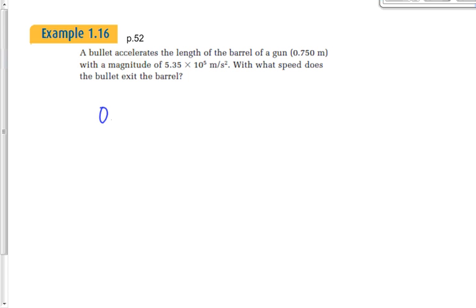Something's 0.750 meters. Something's 5.35 times 10 to the 5 meters per second squared. What's the 0.75? Jordan, what's that 0.75 correspond to? Good. Distance or displacement. How far it's traveled in the barrel of the gun.